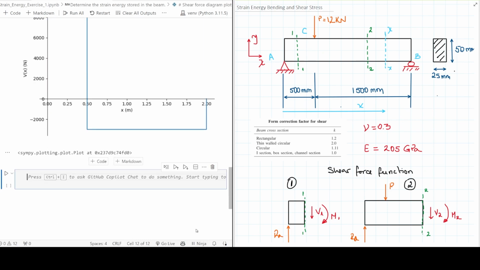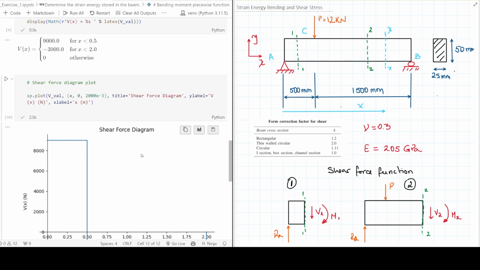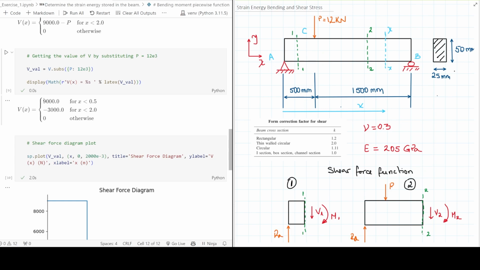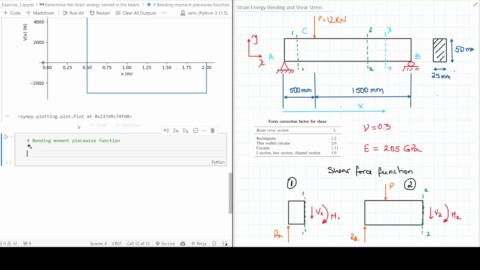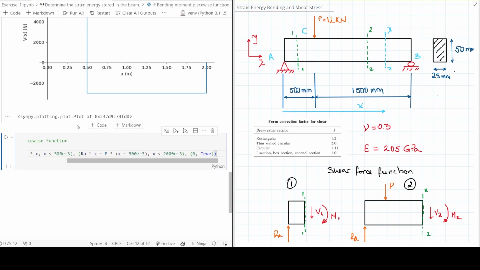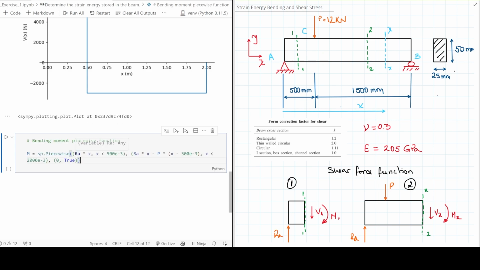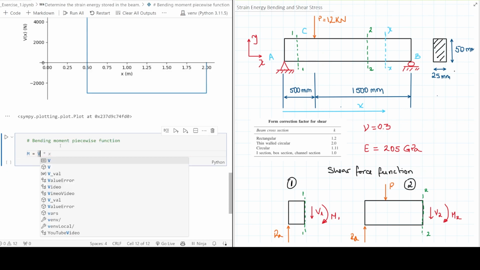Now let's calculate the bending moment piecewise function. And we know that the bending moment is going to be the integral of the shear force with respect to x, the length of the beam. So I'm going to call it M, and let me see what Copilot is suggesting. Well, this is too much. I shouldn't be writing this completely. I have a shear force function, and I want to integrate it with respect to x, and that's it.